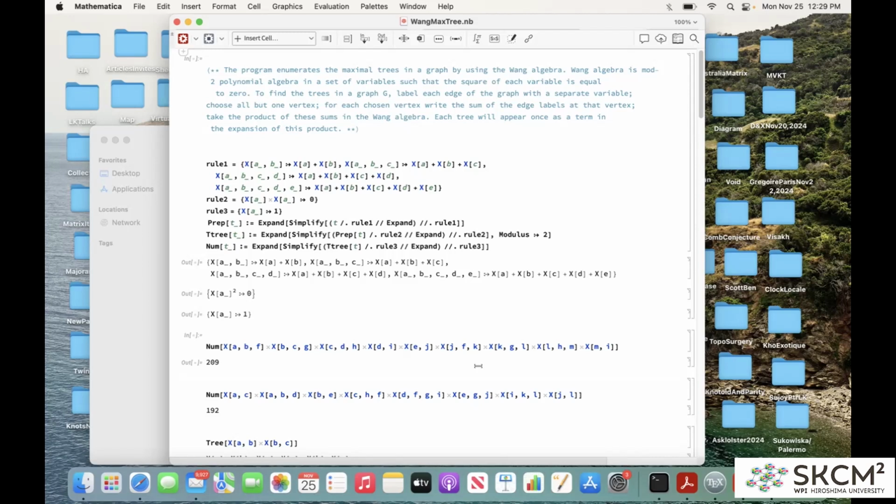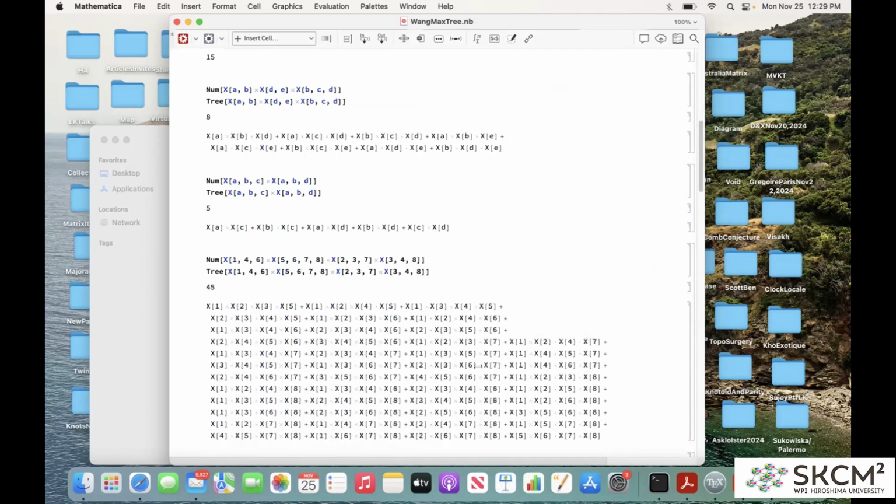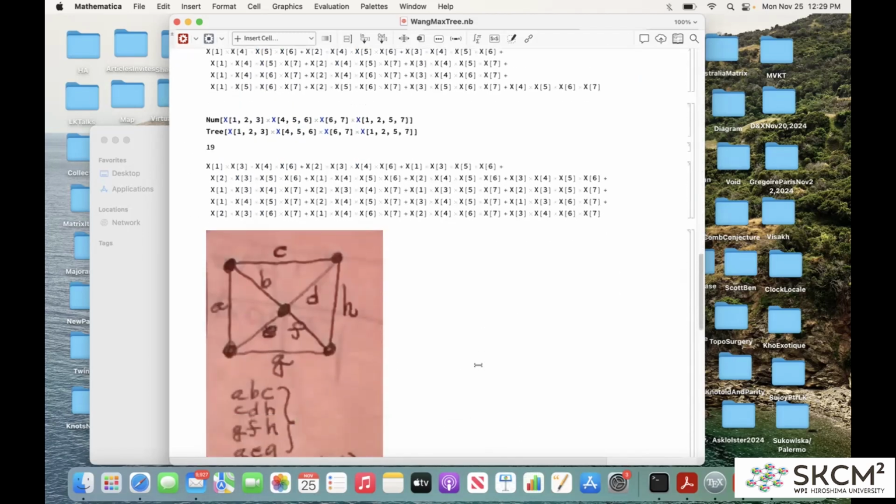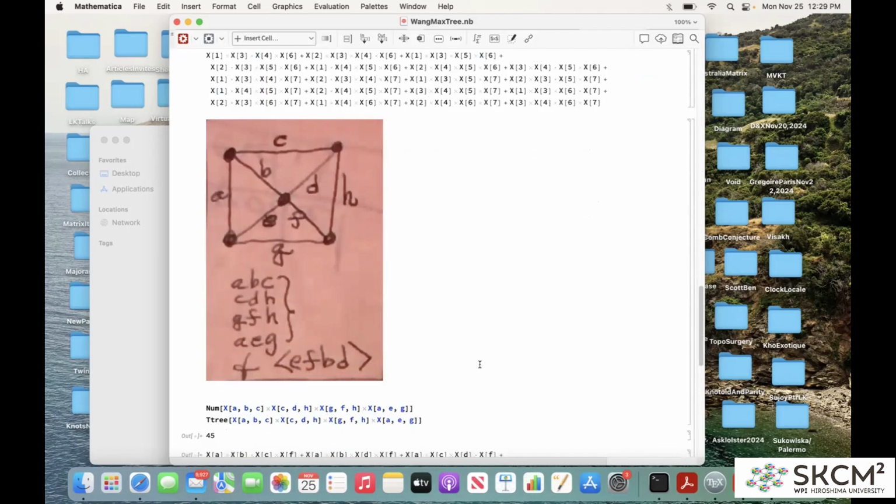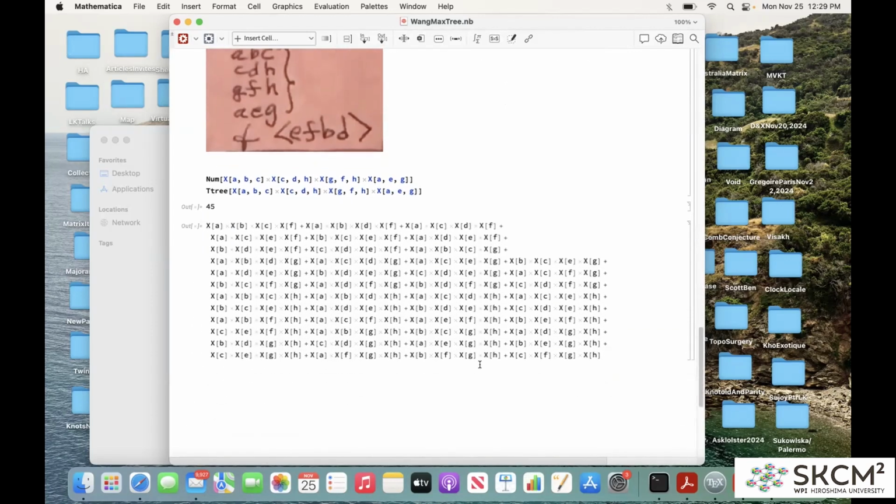Okay. And for example, here's the example that we were working with before. This is the graph that had 45 trees, and these are the vertices that I'm interested in: A plus B plus C, C plus D plus H, and so on. And I gave it those, and asked it to tell me how many trees there were, and it said 45.